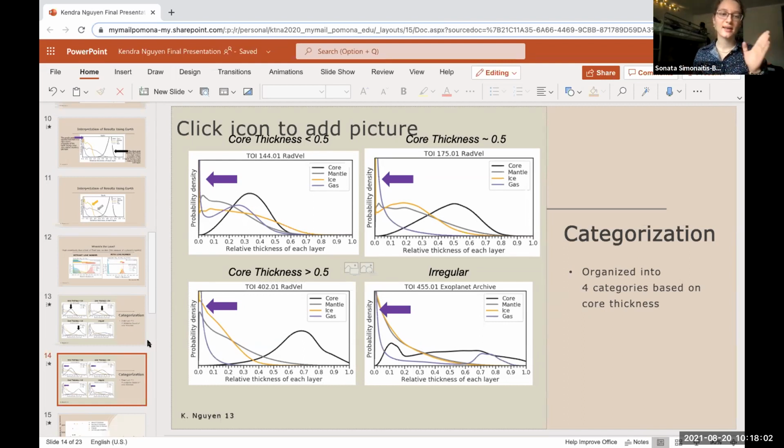Sometimes you would say there's a very high probability density of a relative thickness, but then it would be further along. So how are you explaining the probability density and how is that relating to each relative thickness? Maybe I just misunderstood. Yeah, thank you for asking.